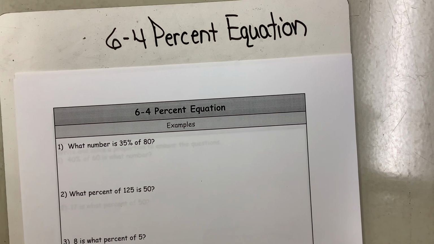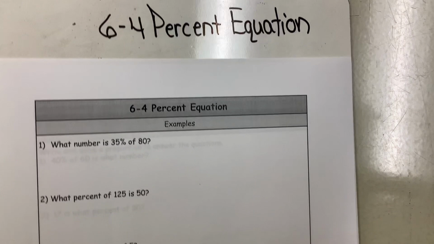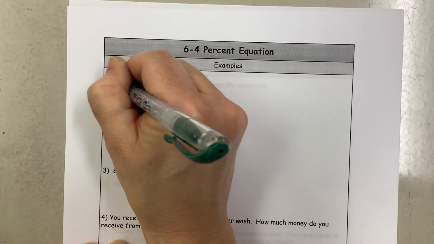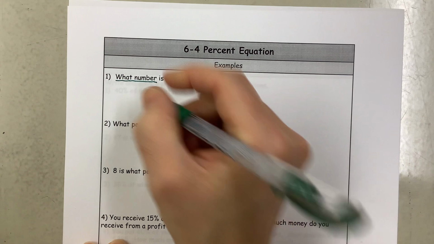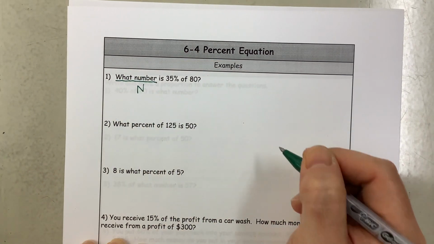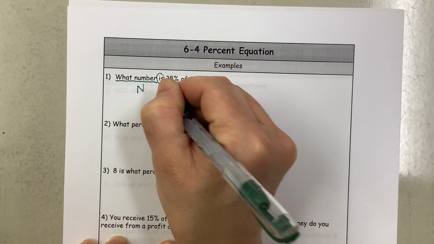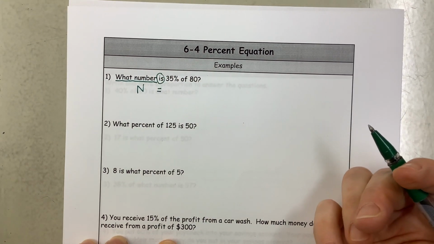Okay? Now, when we do the percent equation, all we have to do is turn the words into mathematical symbols. For instance, what number? Well, that's going to be N for number. Is always our equal sign.